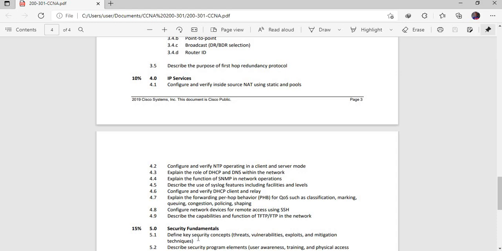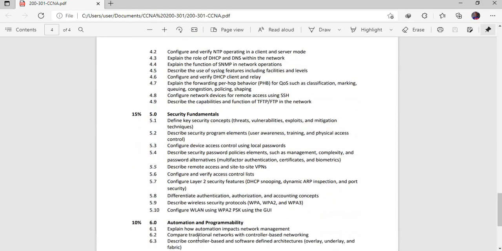Then we look at security fundamentals, which has got 15%, where we look at key security concepts, security program elements, configure device access control using local passwords, describe security password policy elements, describe remote access and site-to-site VPNs.